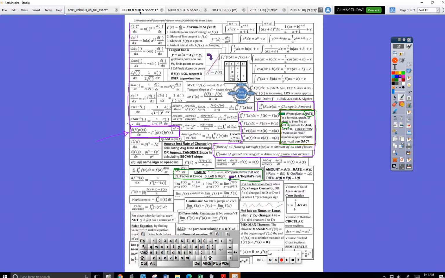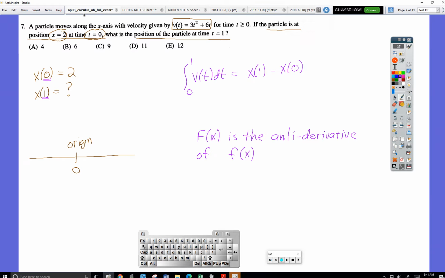Anybody else? Cool. Back to the problem. Okay, so I'm all set now. I'm trying to find x of 1, so I just rearrange.